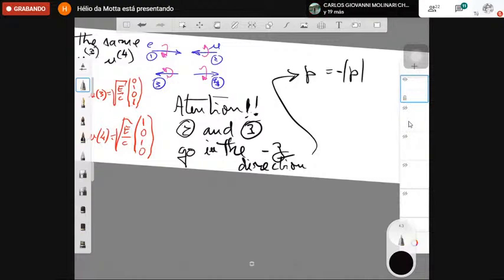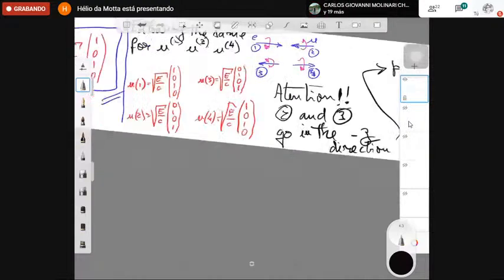Okay, then we have all the 4 components we need in that expression. The U for the first particle 1, the U for particle 2, for particle 3, and particle 4.